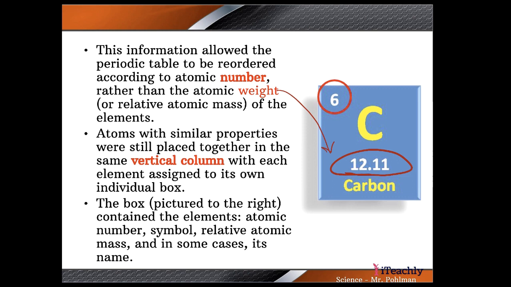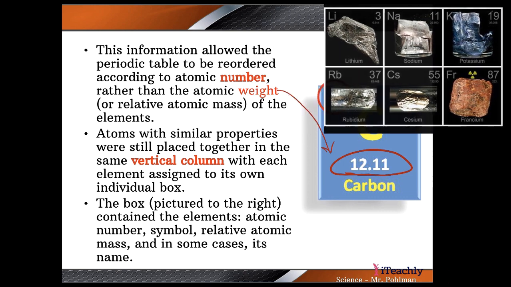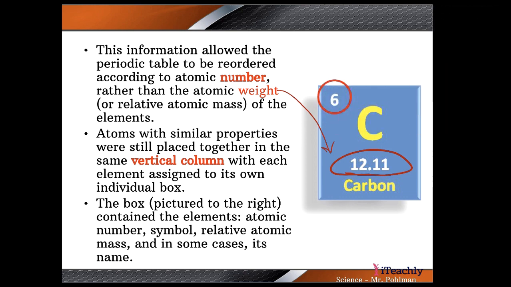Now, atoms that have similar properties, like the alkali metals, the alkaline earth metals, the halogens, what we're going to see is that the vertical columns all have similar characteristics. So all the alkalis act the same. All the halogens act the same, okay?